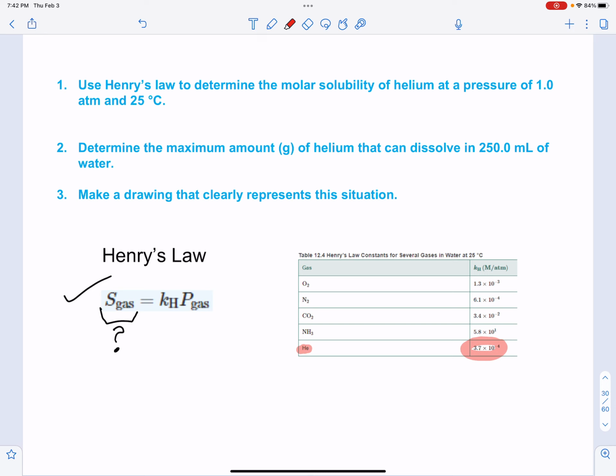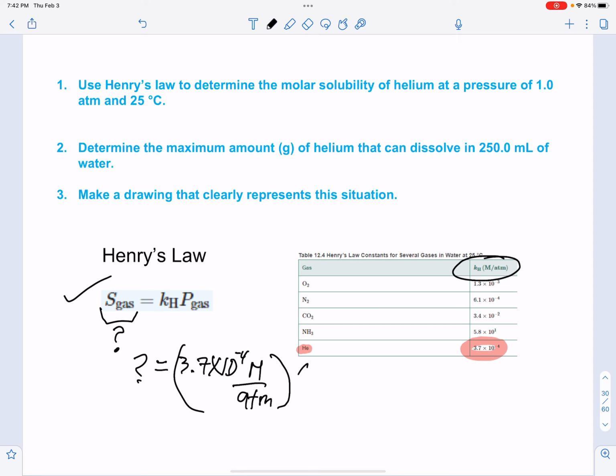Once you understand what each symbol represents, you're looking for this given 3.7 10 to the minus 4 molarity over atmospheres. That came from there, right? Multiply by 1 atmosphere.